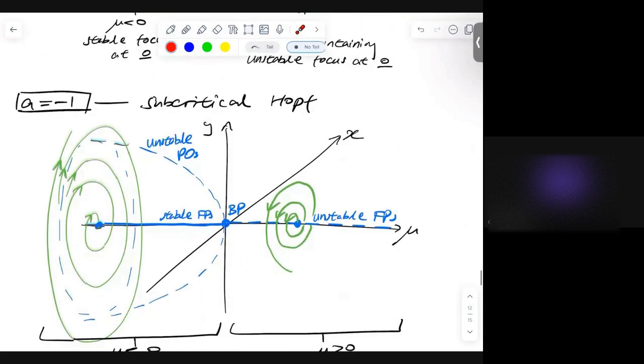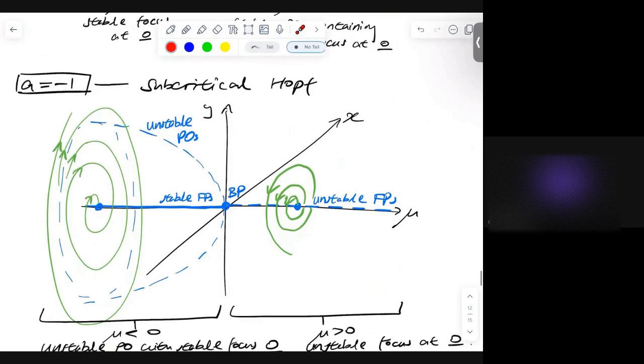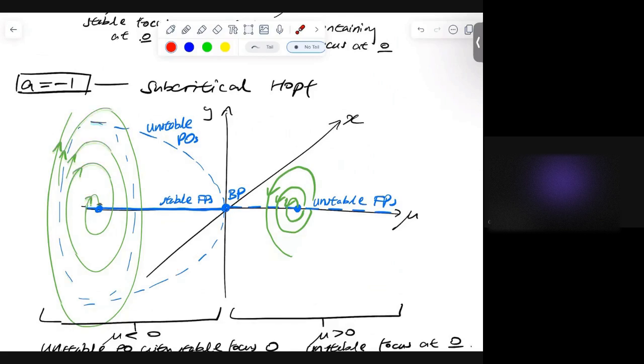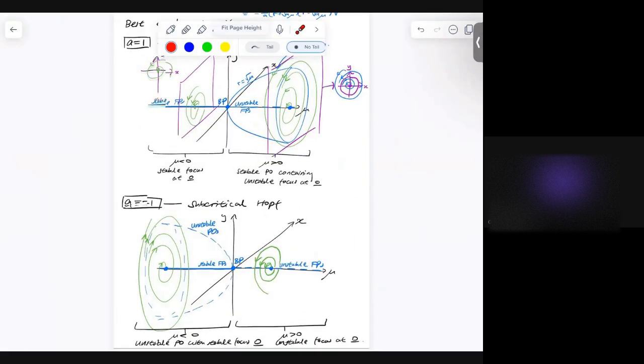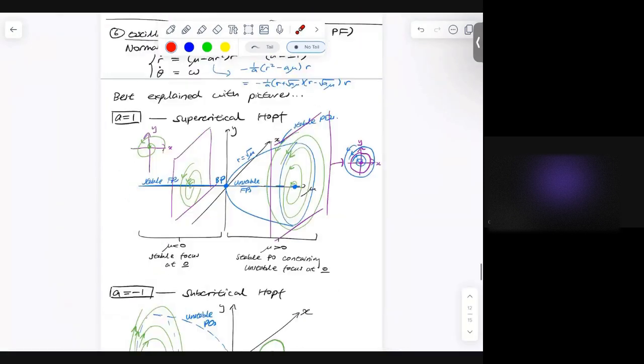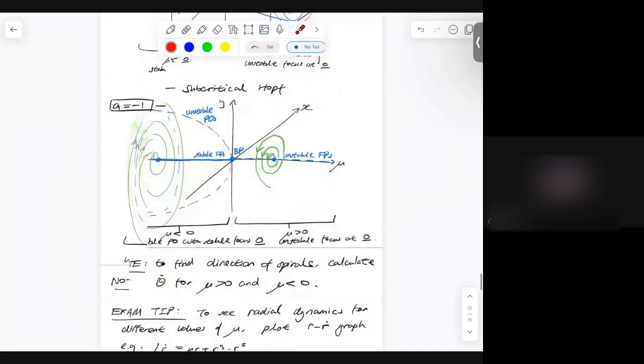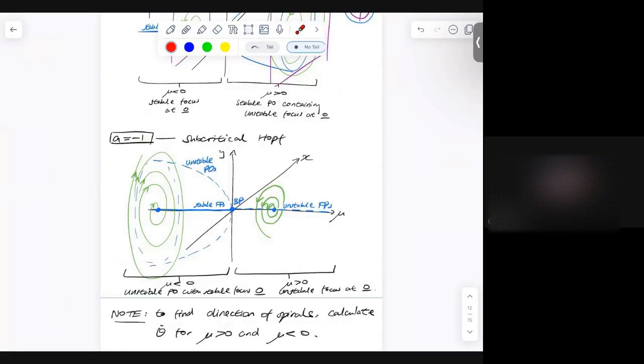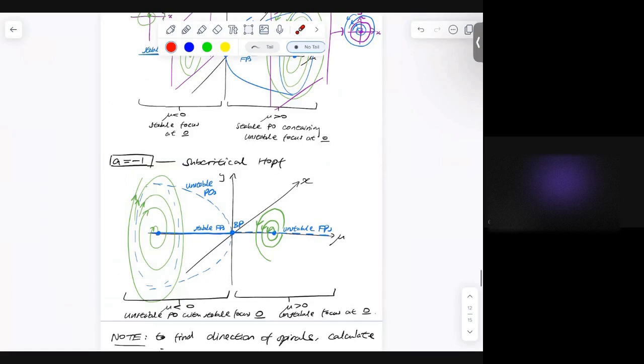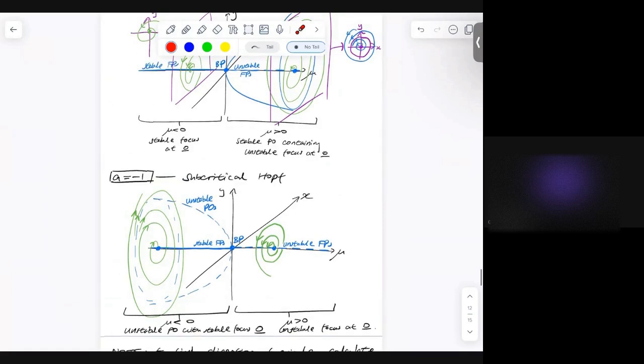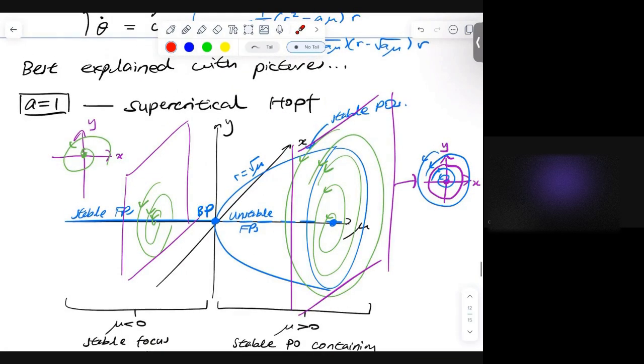And if we have A equals -1, we have a subcritical Hopf bifurcation in which the envelope is unstable. So they look pretty much the same, except the stabilities are swapped. It's still a periodic orbit, but if you perturb away from it, you're going to move away from it, whereas with this stable PO, if you perturb away from it, you move towards it.